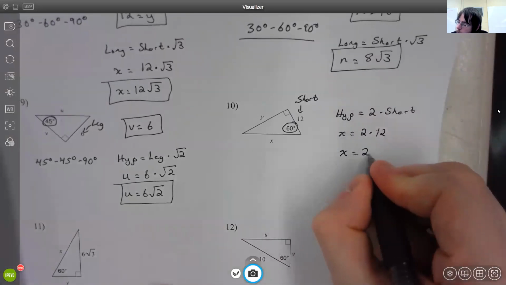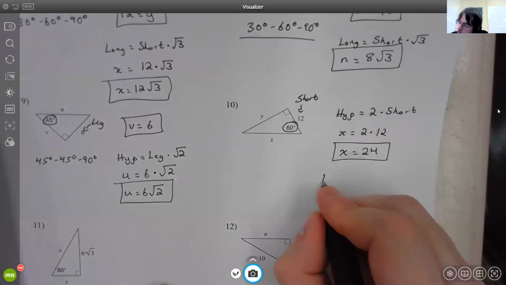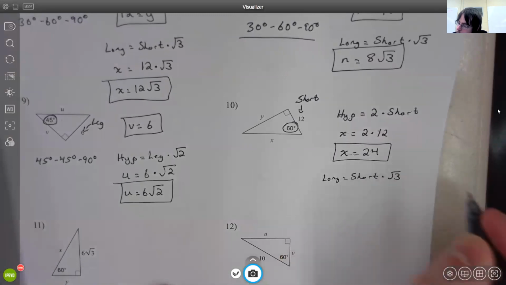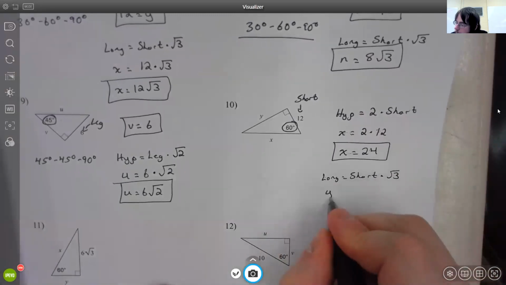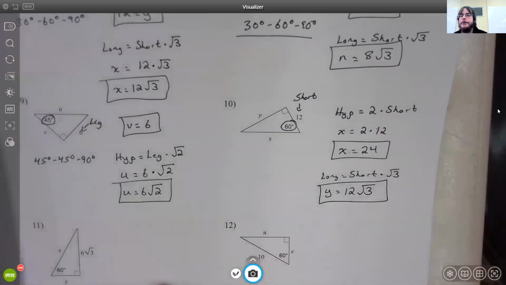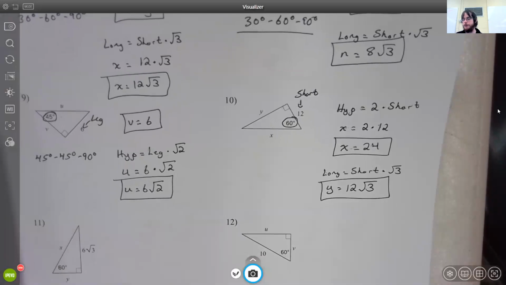So x is equal to 24. Now to find our long leg, we take the short leg and multiply it by root 3. Our long leg is y. Our short leg is 12, times root 3 gives us that y is equal to 12 root 3.